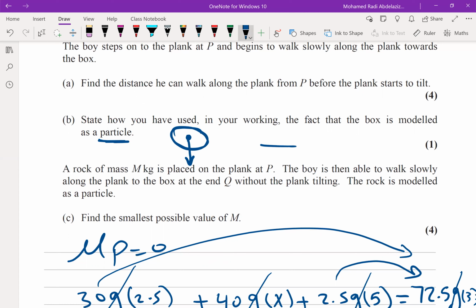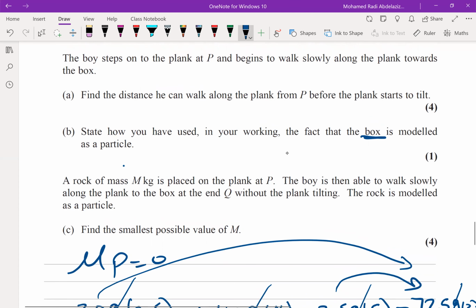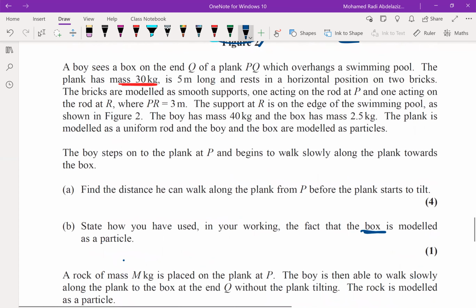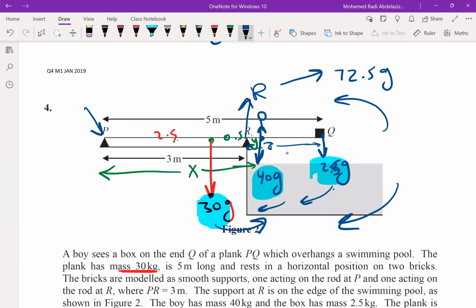So when we use this as a box, but it's written as a particle, I will use its mass at the point Q. So when we use any shape, this box, the boy as a particle, it means its mass acting at the point Q.